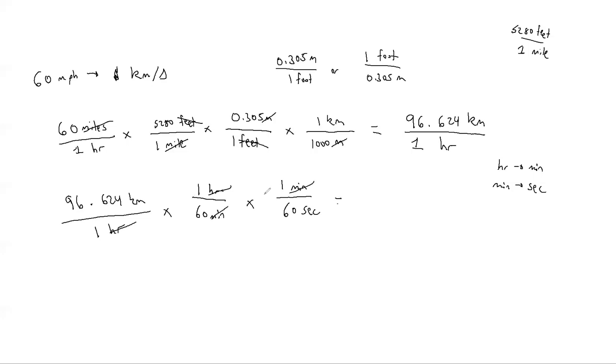We multiply everything across, and the number we get is 0.02684 kilometers per second, right? So just looking across the units, I only have kilometers in the numerator, and I only have seconds in the denominator. So that gets me my final units of kilometers per second.